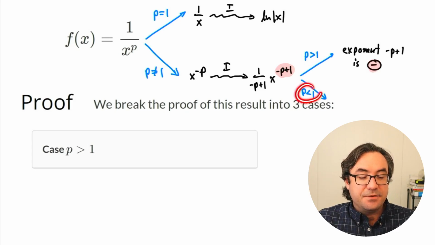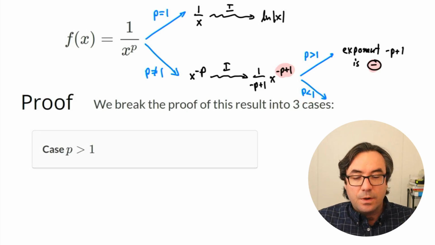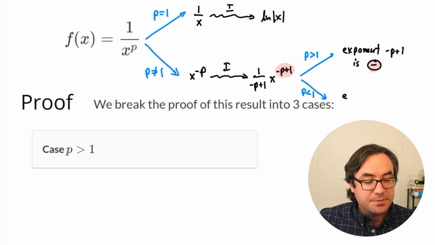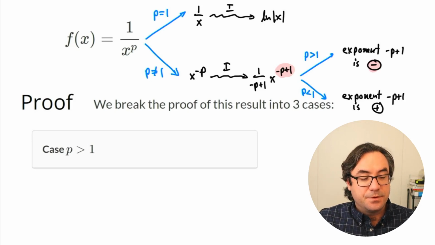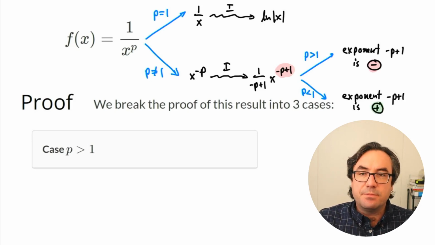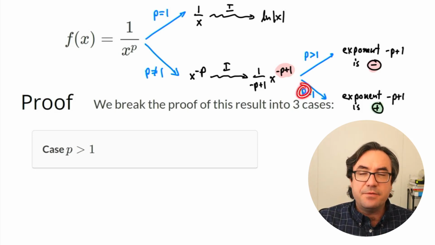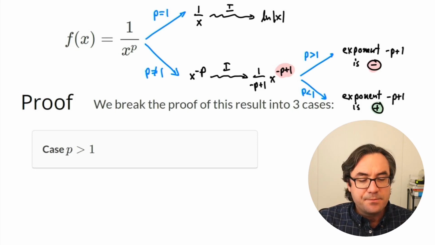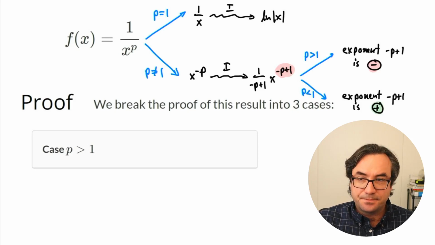Now in the other case, if p is less than 1, so maybe something like 0.5, in this case, the exponent that we end up with in our antiderivative is positive. So that change is actually going to be important. If our p-value is like 1/2 or 0.5, we would end up with negative 0.5 plus 1, and that's positive 0.5.